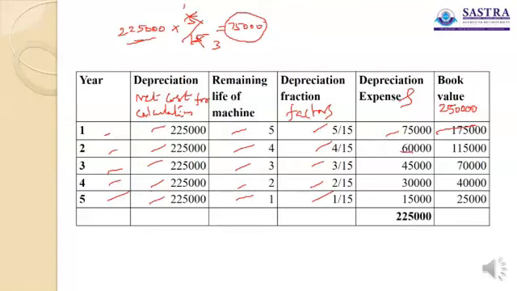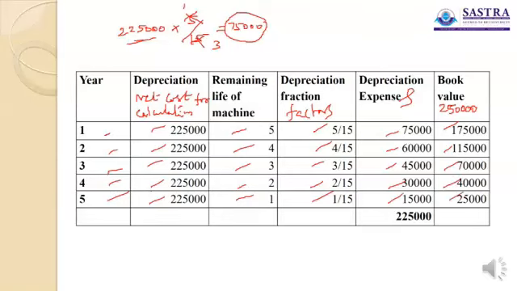2,50,000 minus 75, 1,75,000, and 1,75,000 minus 60, 1,15,000. Then 1,15,000 minus third year's depreciation expense 45, 70, 70 minus 30, 40, and 40 minus 15, 25.